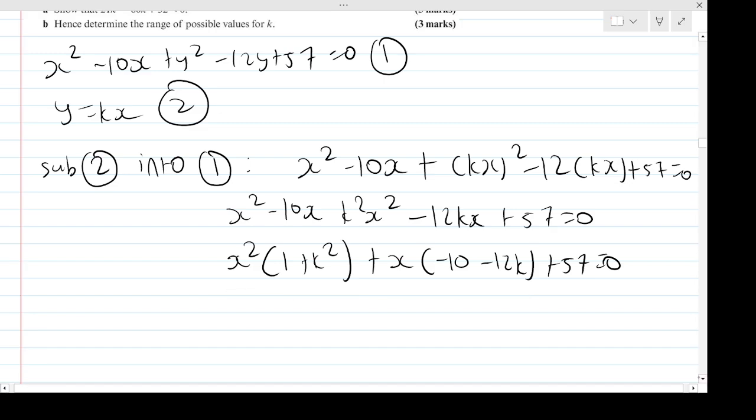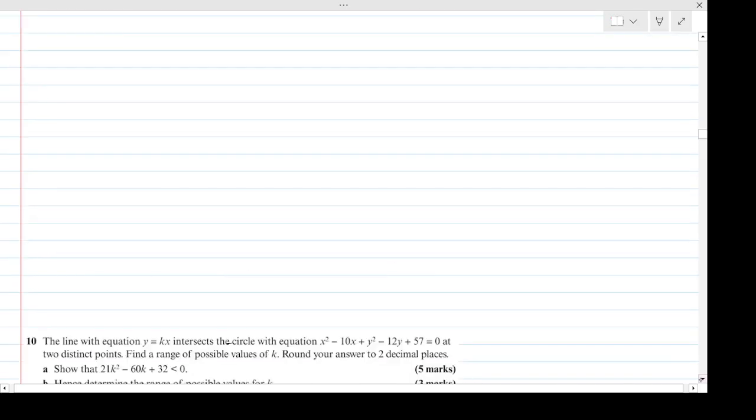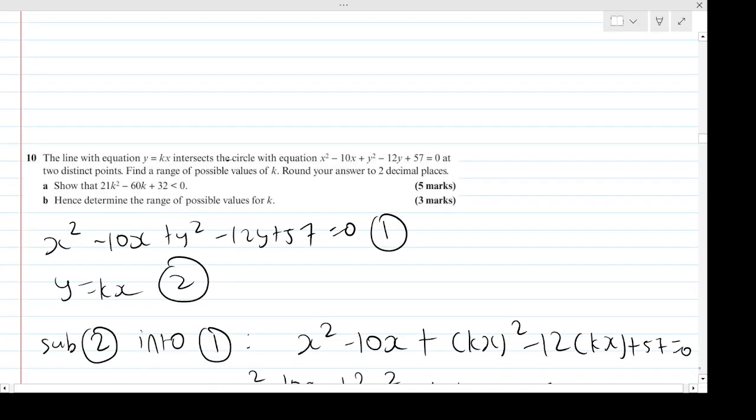Now, why is that useful? Well, we can't do anything more with this. We can't really solve it per se, because we have this unknown k there. But we don't need to solve it, really. All we're given is that there are 2 distinct points of intersection.